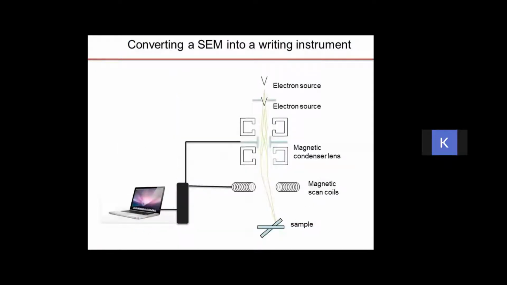The electron beam has to pass through some optics. Here the lenses are magnetic, or electromagnetic, because electrons can be deflected or focused when they pass through a magnetic or an electrostatic field. So both the condenser lens and scanning coils are mostly of magnetic or electromagnetic type.